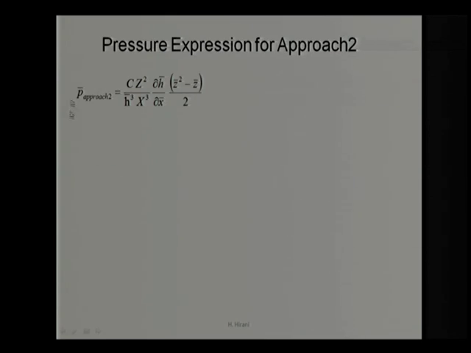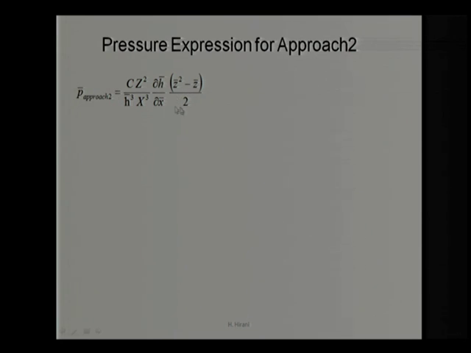What we get is something like this, and we can name it as obtained by approach 2. There is a single clearance only, the effect of the dimension in z is in a square form, the effect of the dimension in x direction is in a cubic form, the film thickness is also cubic, and here we are finding z square minus z bar.